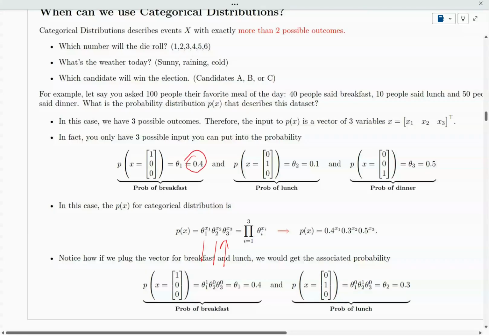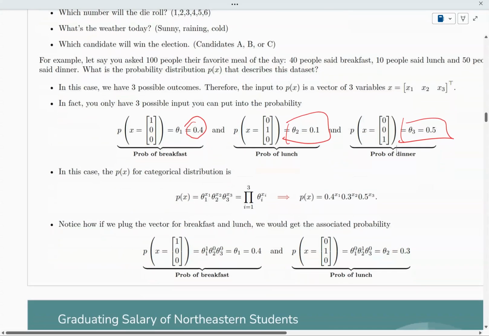Theta 1 is the probability of breakfast, theta 2 and theta 3 are the others. The idea looks very, very similar to the Bernoulli distribution.